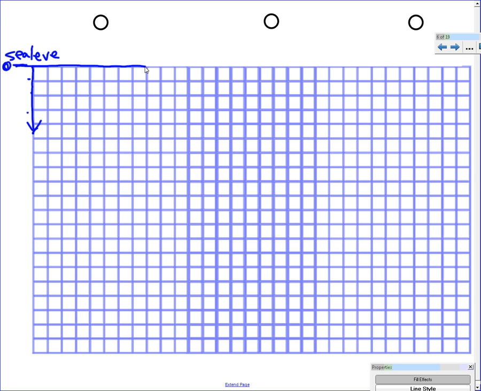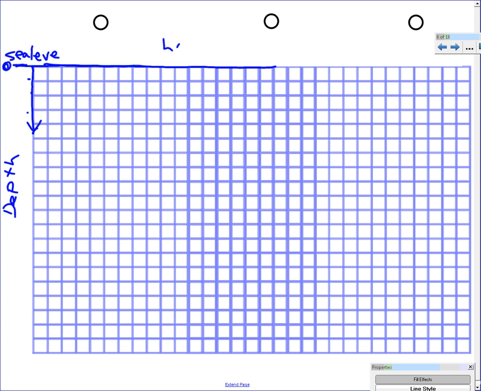So what goes on this axis? The depth. What goes along this axis? Remember, your boat is traveling and stopping at what are called the locations.